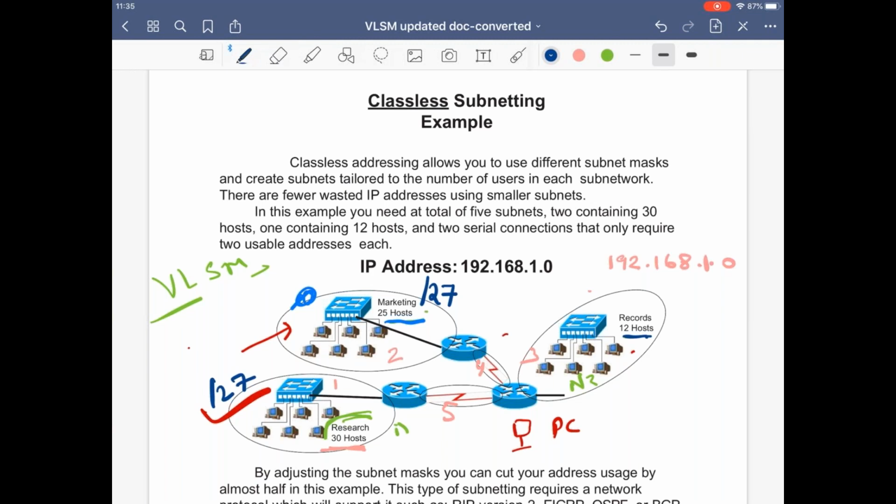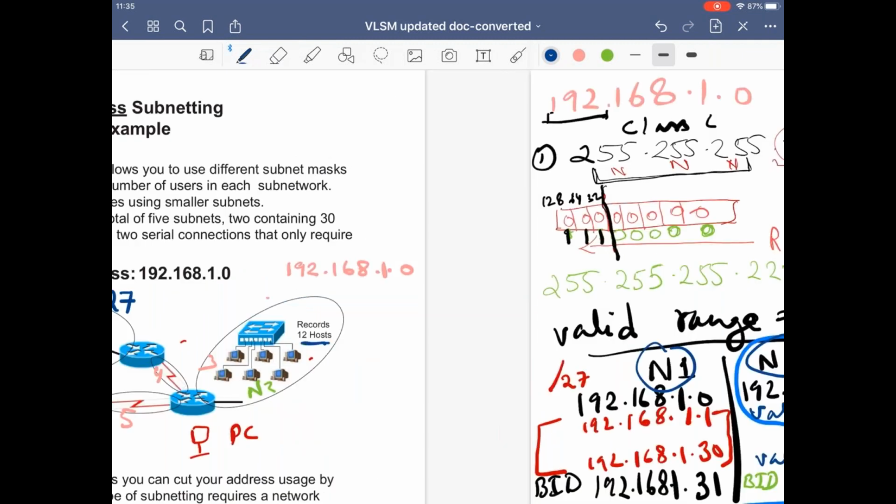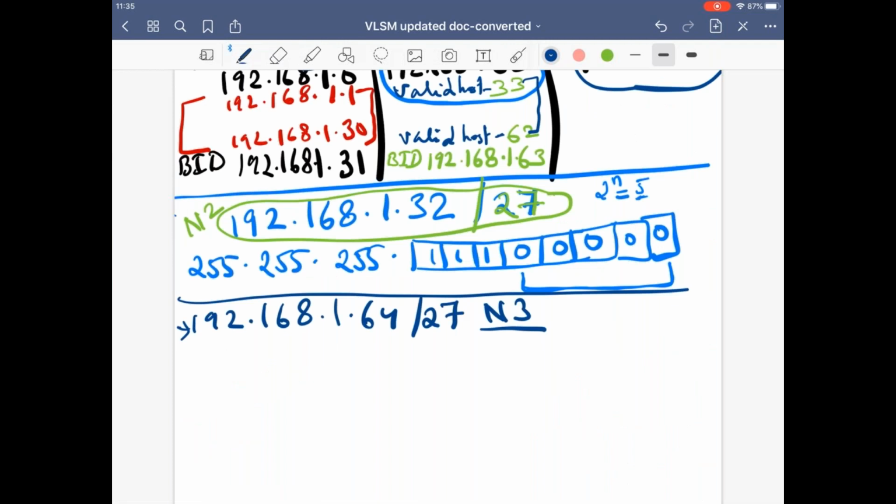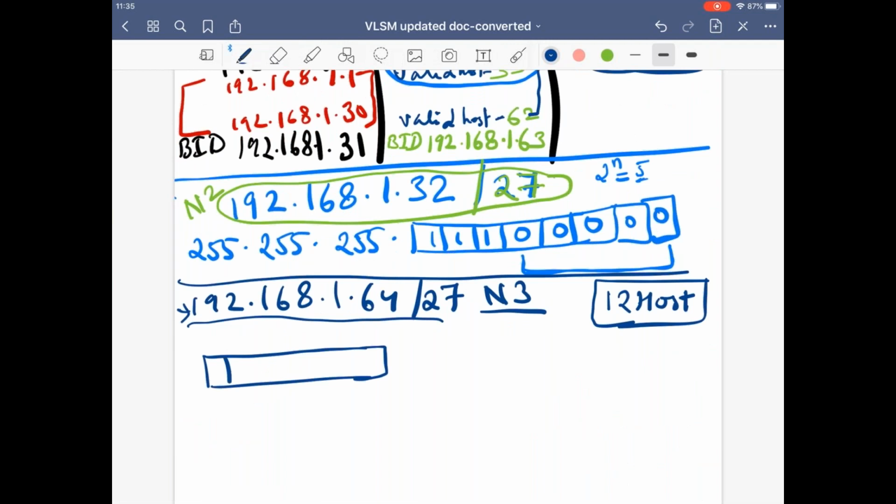Now this is our N3 and we need 12 hosts. We will use this network to get a subnetwork to fulfill our requirement of 12. So 2 to the power 4 is more than 12.